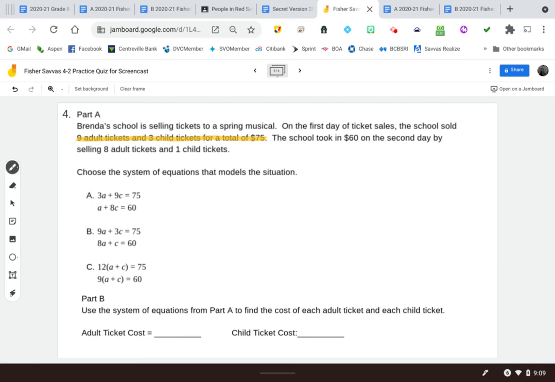So we're going to let A represent or equal the cost, I'm going to put a $ sign, the cost of 1 adult ticket. And then C is going to be the cost of 1 child ticket. Okay?